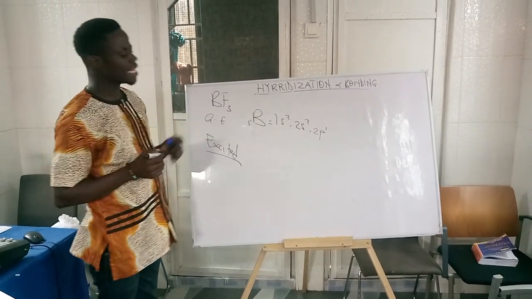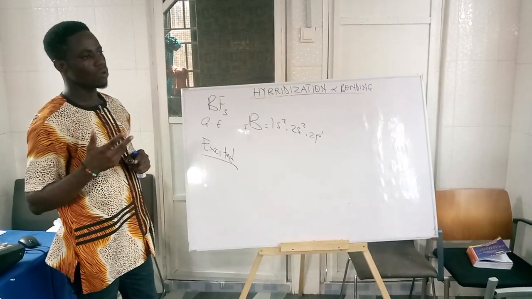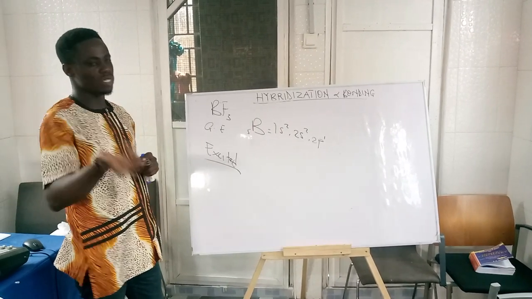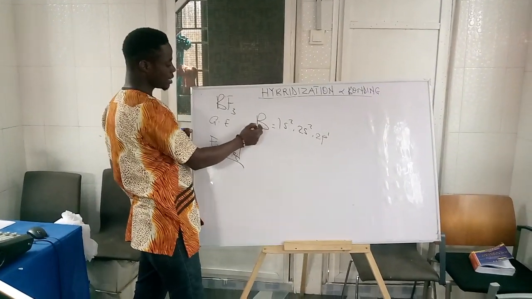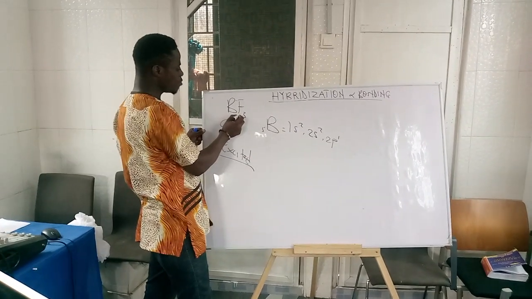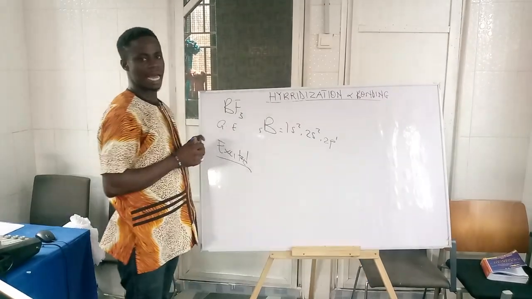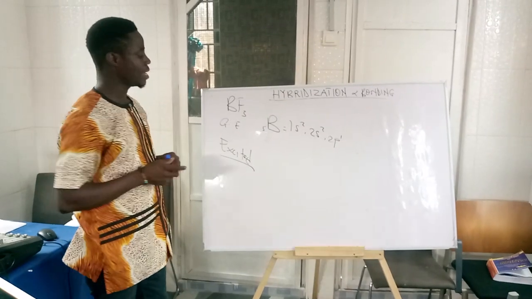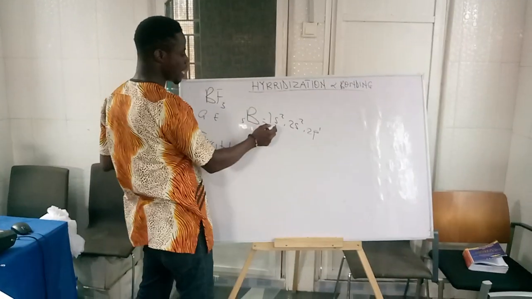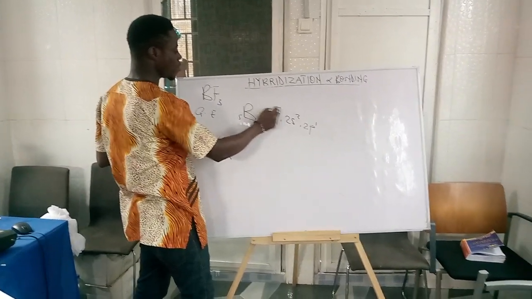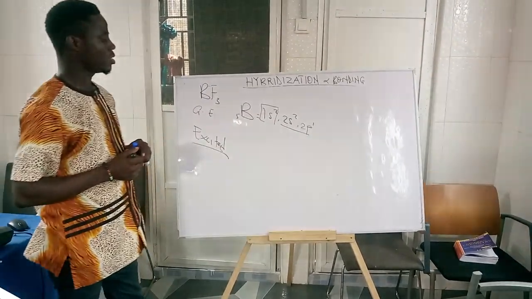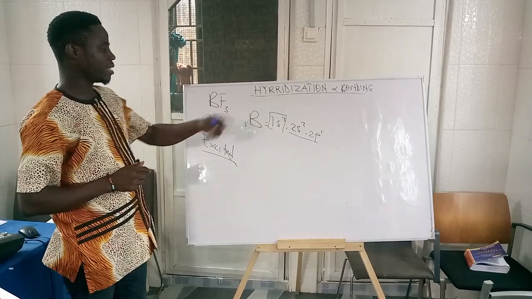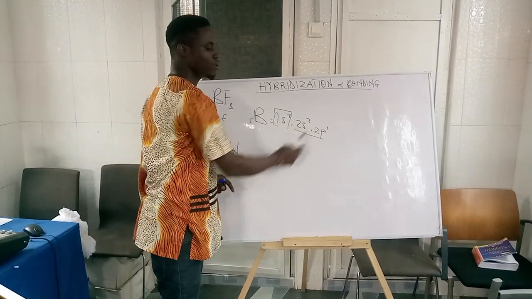Now, why would this undergo an excitation? Why would there be the need to promote an electron? The reason is, boron being the central atom is bonded with 3 atoms of fluorine. In chemical bonding, we don't deal with the core electrons, we only deal with the valence electrons. The valence electrons for this are 3, which is 2s2, 2p1.